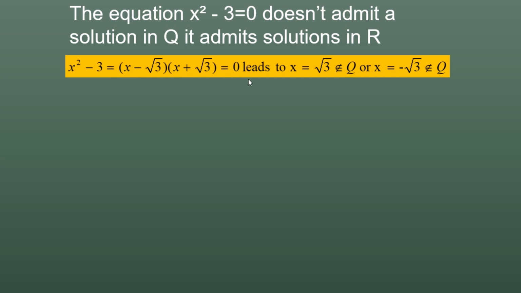The values of x are radical 3 or minus radical 3. Radical 3 doesn't belong to Q and minus radical 3 doesn't belong to Q. They are real numbers.